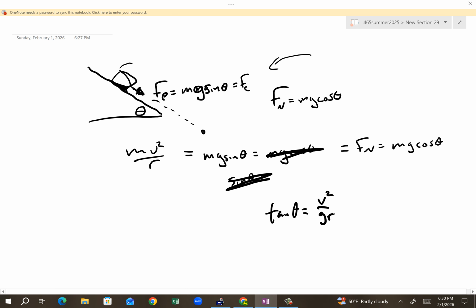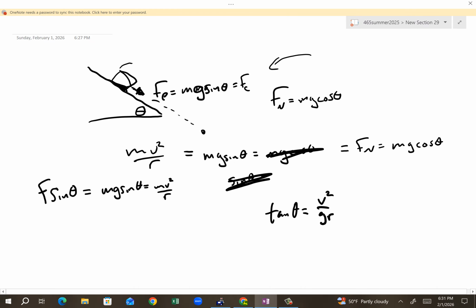Okay, we just divided. You just end up dividing both sides by, so if you have f sine theta, that is mg sine theta, but it's also equal to mv squared over r.